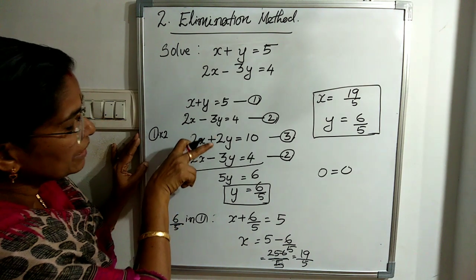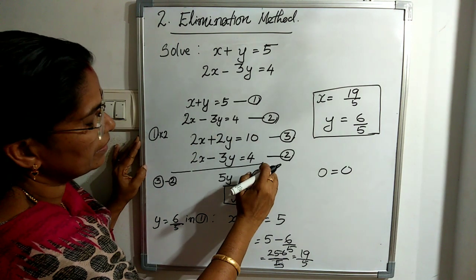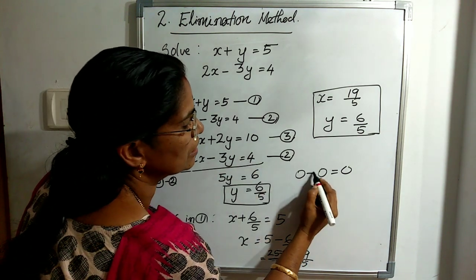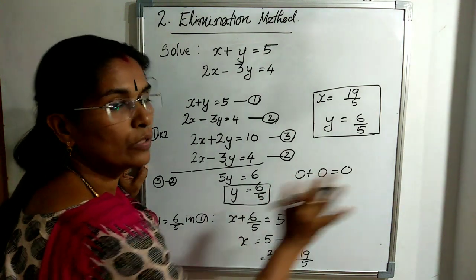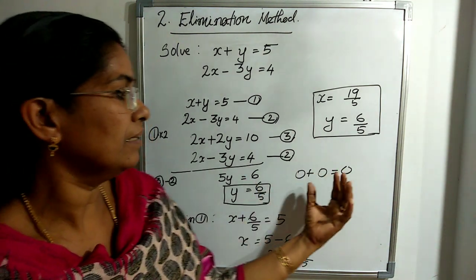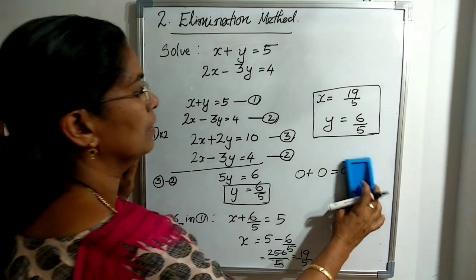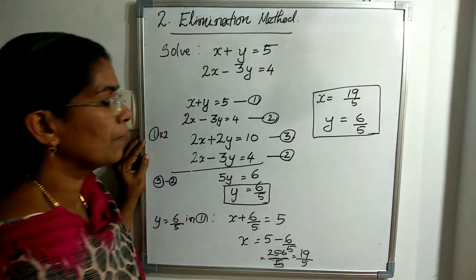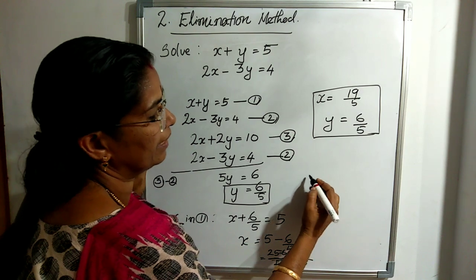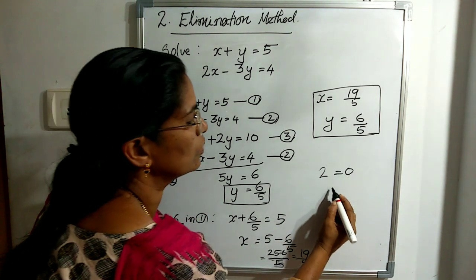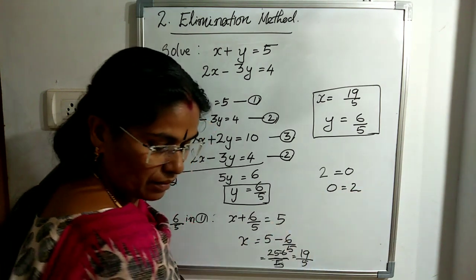If we subtract these two equations and get a true statement without a variable like 0 equal to 0, then we say there are infinitely many solutions. Sometimes we will get a false statement like 2 equal to 0 or 0 equal to 2.